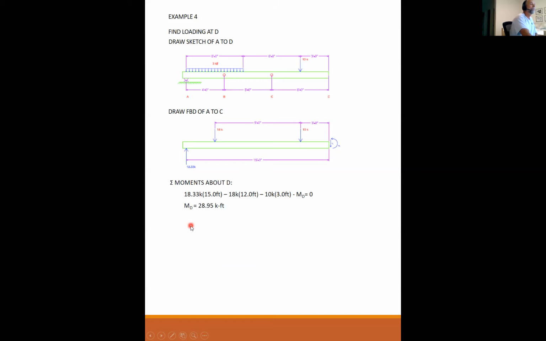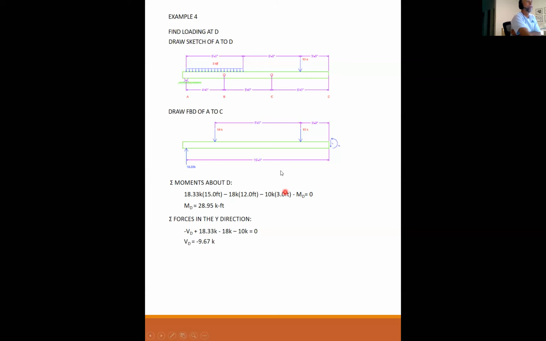My moment is 28.95 kip feet at this point. And sum the forces in the Y. I have minus VD plus 18.33 minus 18 minus 10 equals 0. So my shear at D is minus 9.67 kips.